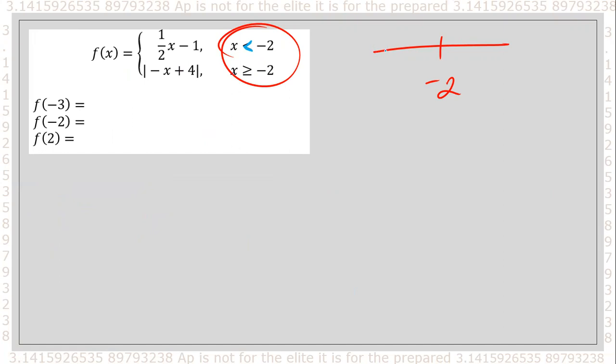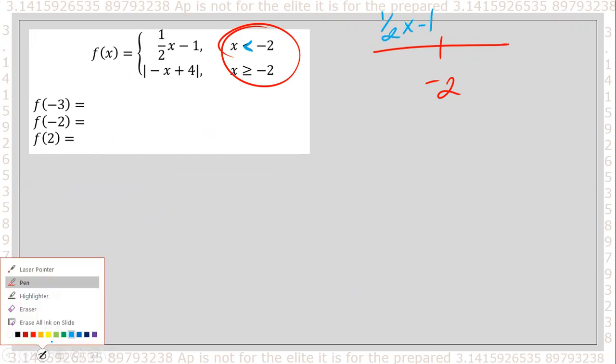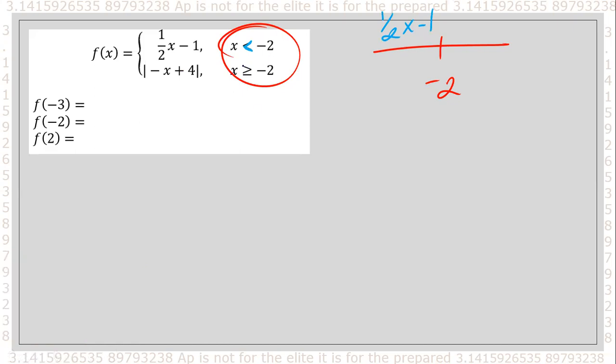So what's smaller than -2? Well, numbers less than, so -3, -4, -10,000, -1,000,000, stuff like that. So everything to this left-hand side is going to be affected by this function. So hopefully you can see that everything that is greater than or equal to is going to be by this function, the absolute value of x plus 4.